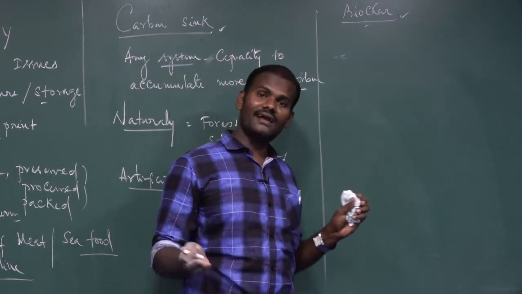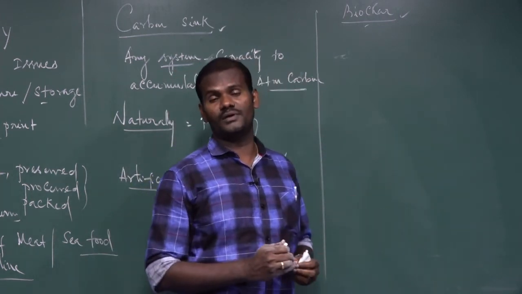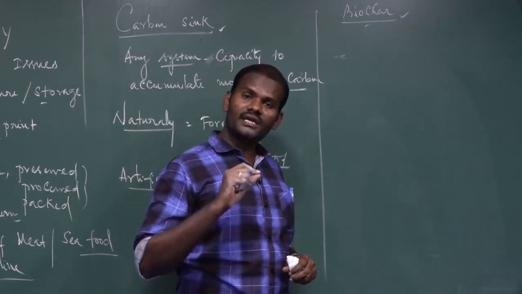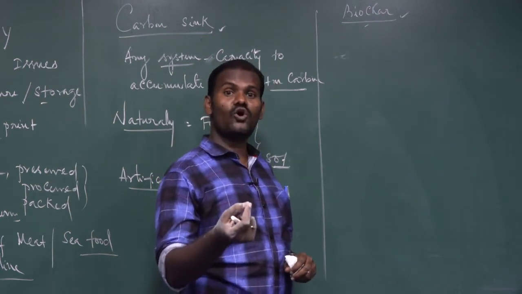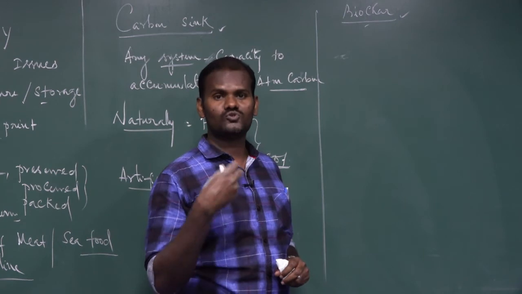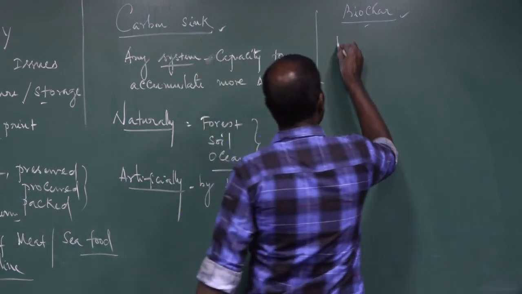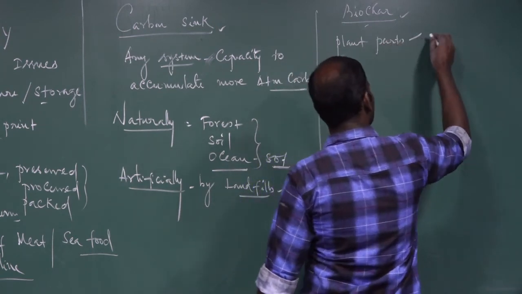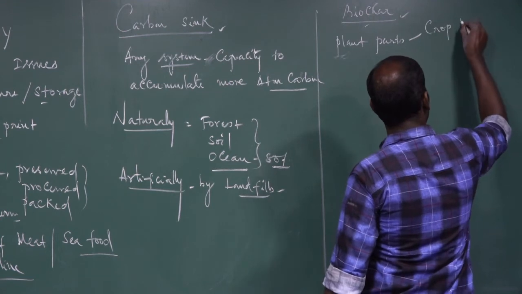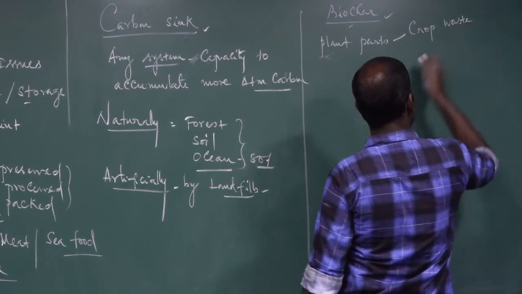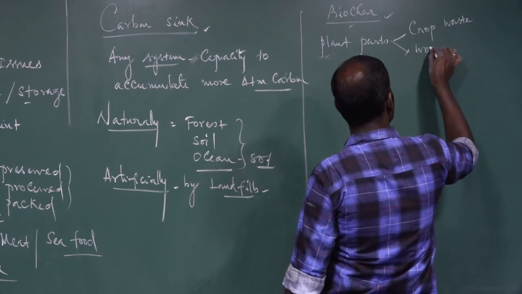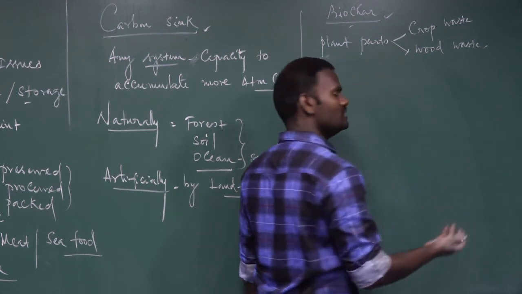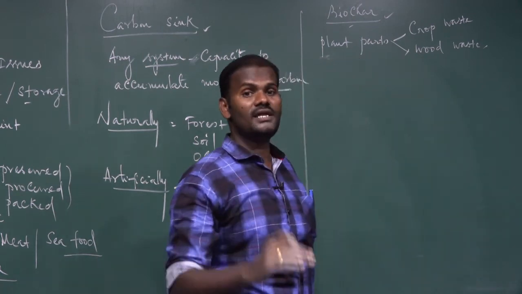The biochar is another long-term method of storage of carbon. How to store the carbon by long-term methods? To increase the plant ability to store more carbon. How to increase the plant ability to store more carbon? The plant parts such as crop waste or crop residues, wood waste, certain other crop residues, they burn partially.